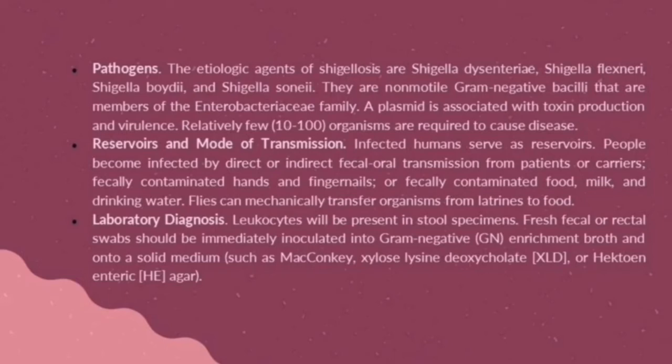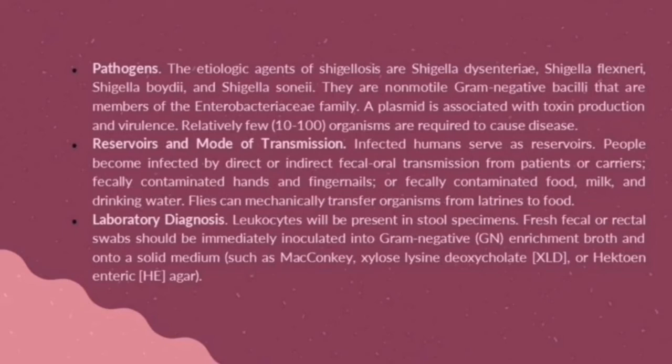They are non-motile gram-negative bacilli that are members of the Enterobacteriaceae family. A plasmid is associated with toxin production. Relatively few organisms, 1 to 100, are required to cause disease.